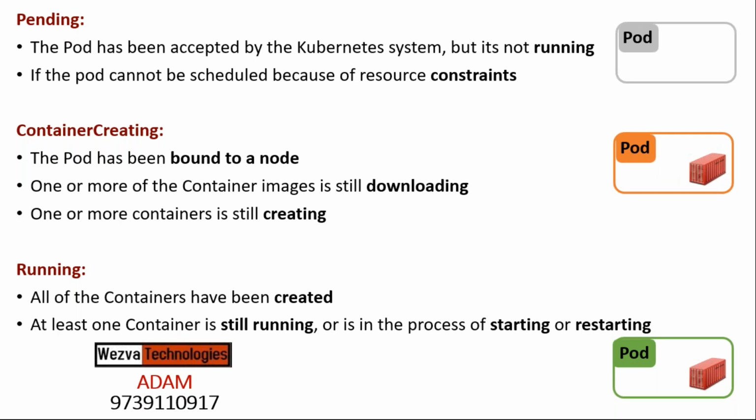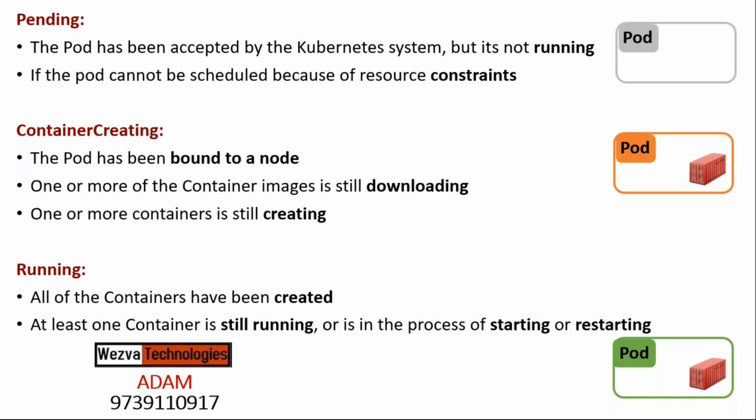However, there are various phases in container creation. Going back to the basics, if you are using Docker to manage containers, then to create a container you first need to make sure that the image is downloaded, and then from the image a container should be created.